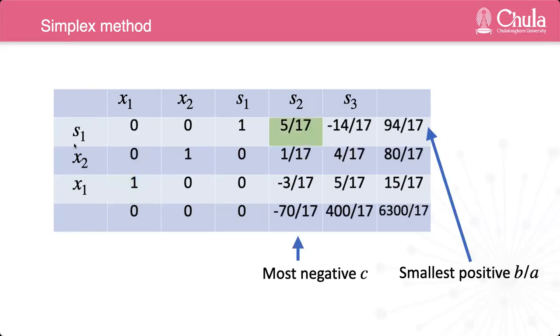Okay, so we get 0, 0, 1, 0 here in the first column. And you see that in the second column we have 0, 1, 0, 0. Okay, the last one, because our basic variables are x1, x2, and s1, right?